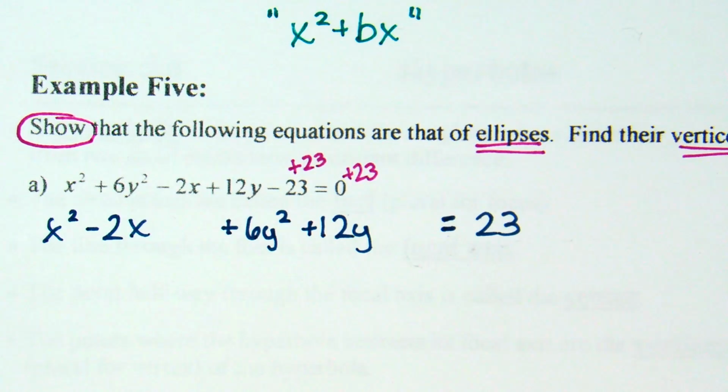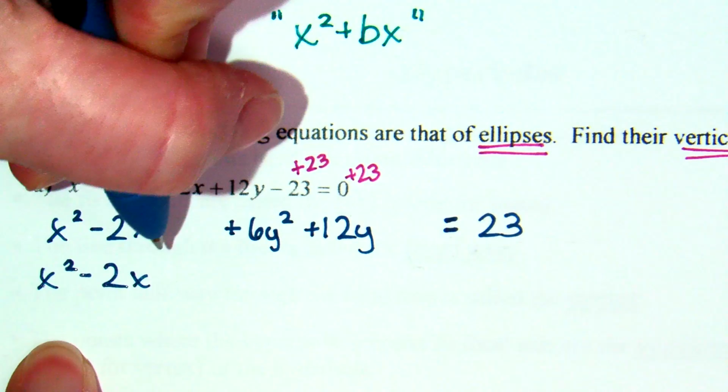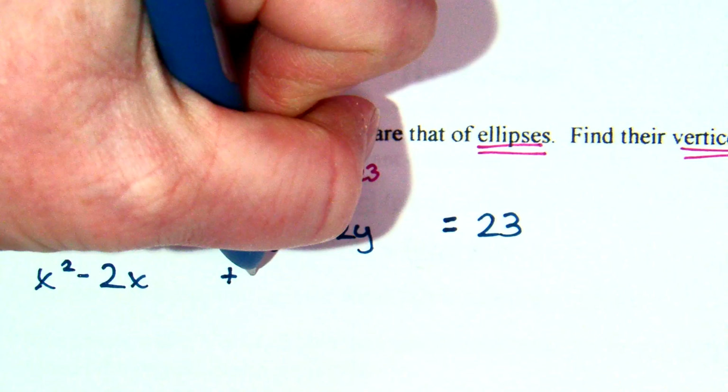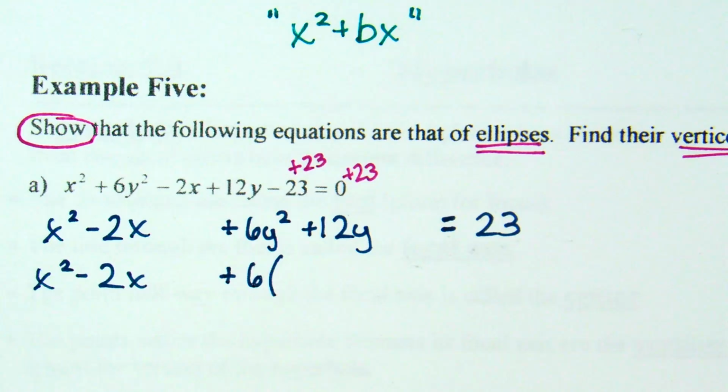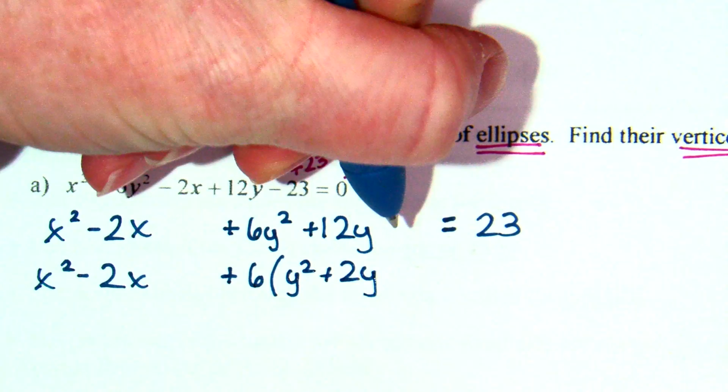So I'm going to rewrite this line. X squared minus 2x is good. I'm leaving my gap again. Plus, and because I want that 6y squared to just be a 1y squared, I'm going to factor out a 6. And I'm just going to do it right here. So I'm going to say plus 6 times, and then in parentheses, when I factor out that 6, it's y squared plus 2y.